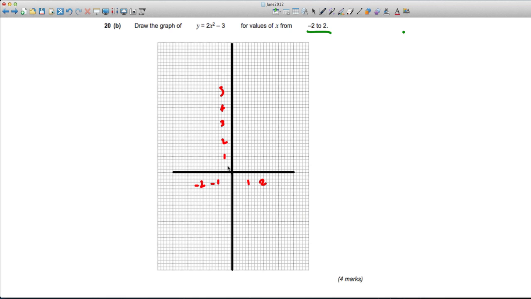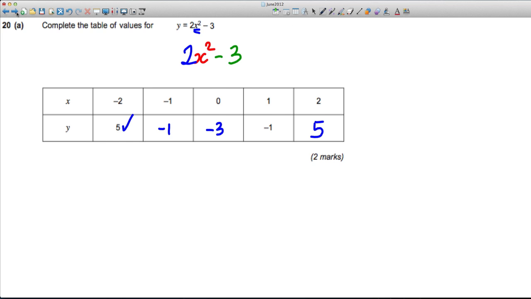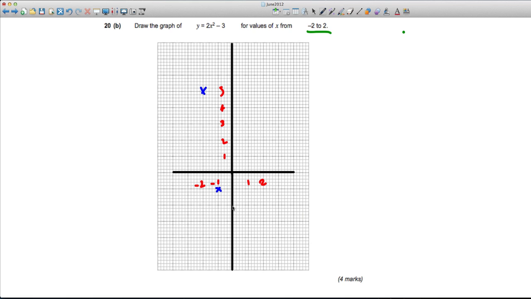Minus 2 goes with 5, so when it's minus 2, it's up to 5 there. Minus 1 goes with minus 1, so minus 1 here goes with minus 1 down here. 0 goes with minus 3, which would be here. 1 goes with minus 1, and 2 goes with 5.